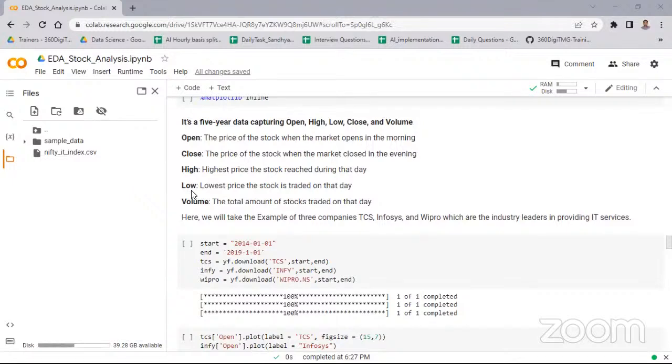High is the highest price the stock reached during that particular day. Low means the lowest price at which the stock was traded on that particular day. Volume is the total amount of stocks traded on that particular day.